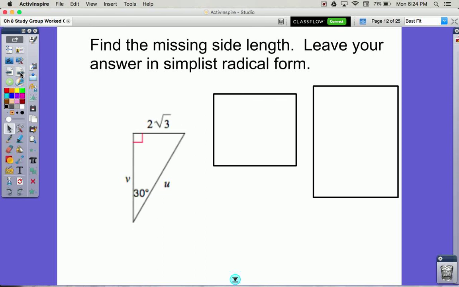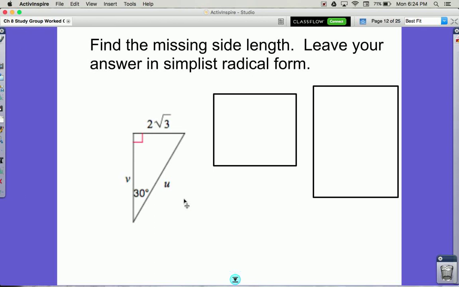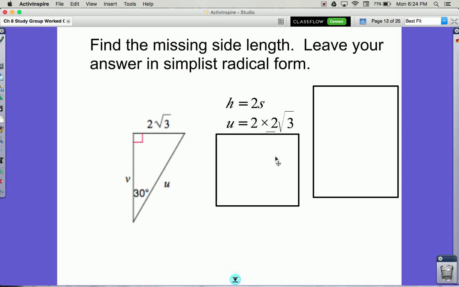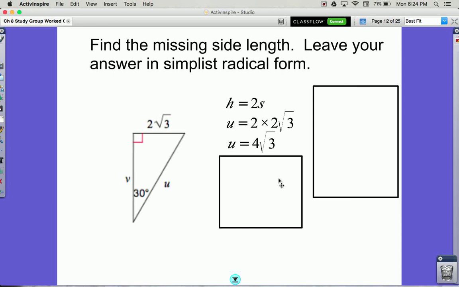So for this one, this is a 30, 60, 90 triangle. And with those, you have a short side, a long leg, and a hypotenuse. So in this case, our hypotenuse equals 2 times the short side, and 2 radical 3 is our short side, so the hypotenuse equals 2 times 2 radical 3. So u equals 4 radical 3.